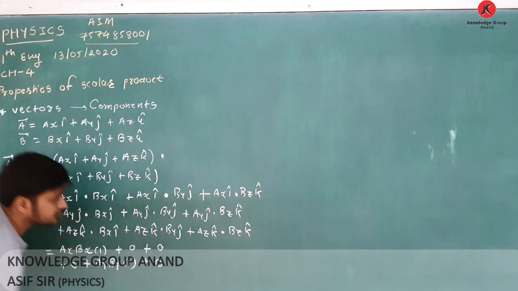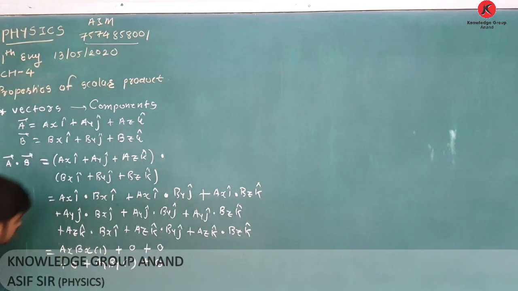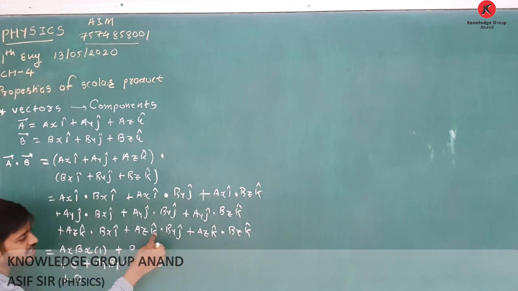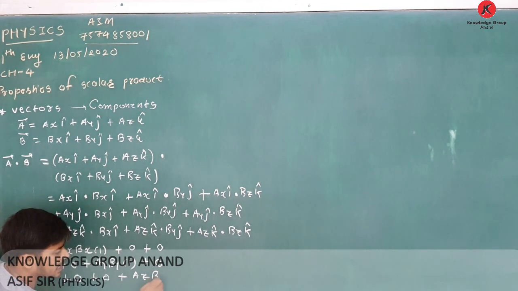Now for Az k dot Bx i, k dot i is 0. Az k dot By j, k dot j is again 0. And the last term is Az k caret dot Bz k caret. So what is its answer? Az Bz times 1. Yes or no?